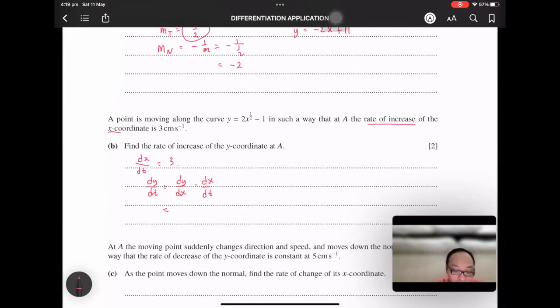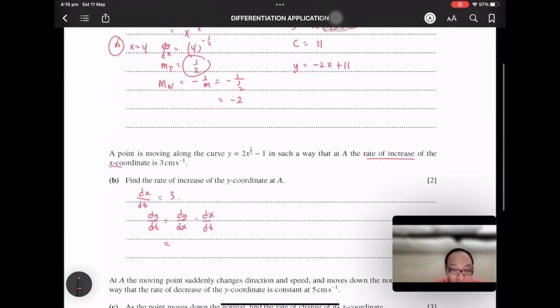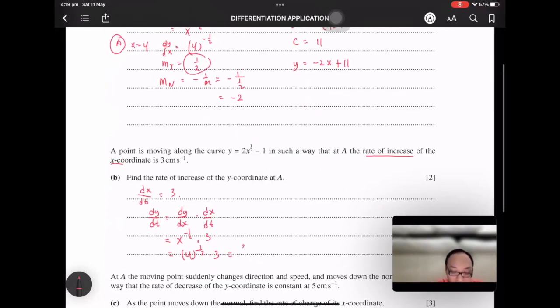So we put the dy/dx formula, 4 to the power of negative half, times dx/dt, which is 3. So it's 4 to the power of negative half times 3, equals 3/2. That's dy/dx times dx/dt, so this is dy/dt, in centimeters per second.